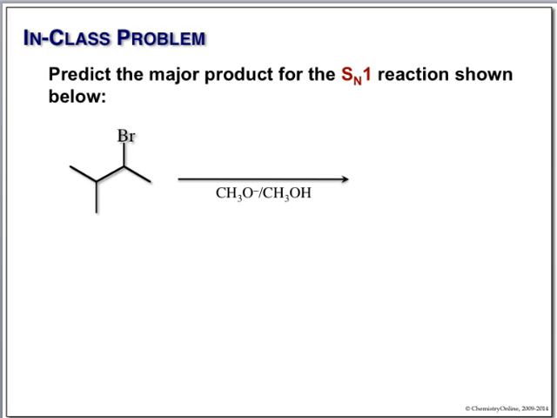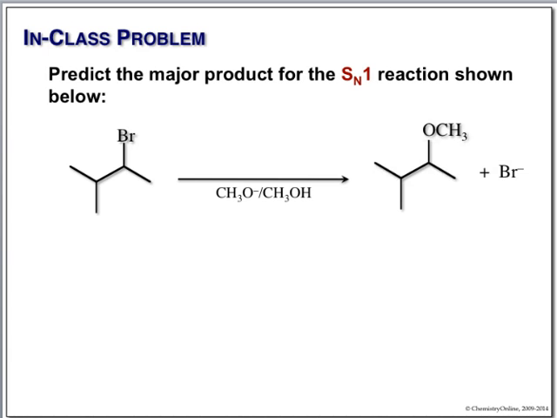Well, we would like to do the same thing that we did in the previous. That is, basically rip off the bromine and put the methoxide there, right? In fact, however, this isn't what is formed.